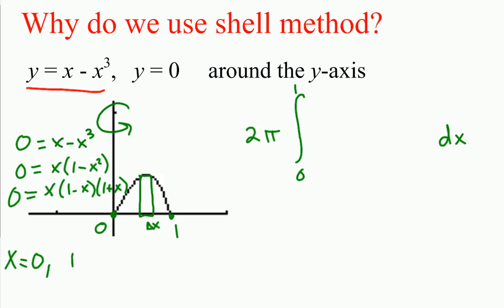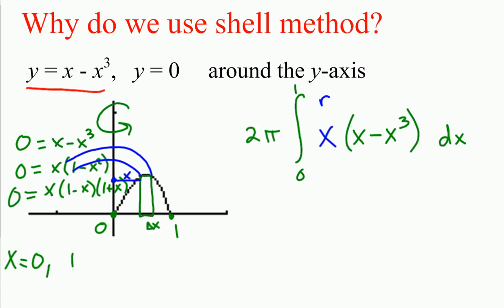The radius, so again, think of this as being a shell. It's going to go around over here. So your radius is from here to here, which is just the length of x. So our radius is x, and then the height of our prism is going to be our function, which is just x minus x cubed.